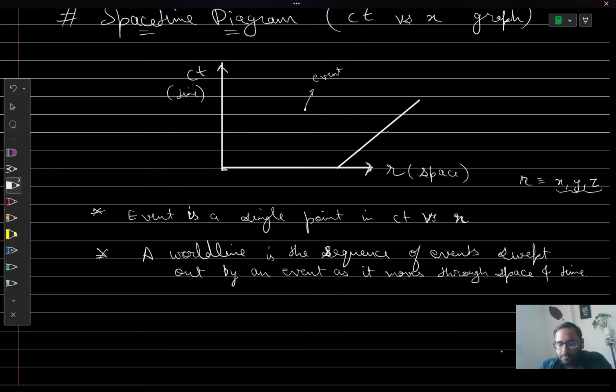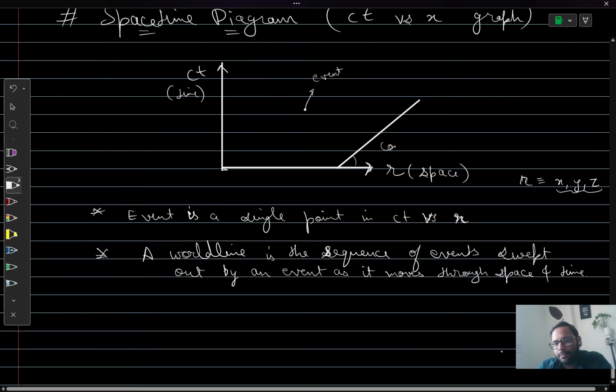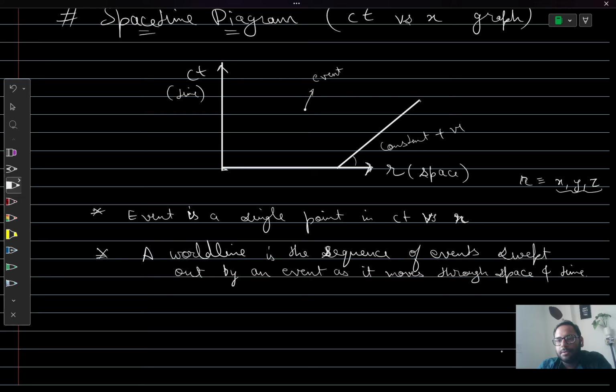So obviously my object will go in this direction. It has some constant positive v. Any particle traveling with a constant v, its world line will be given by a straight line, a never-ending straight line.